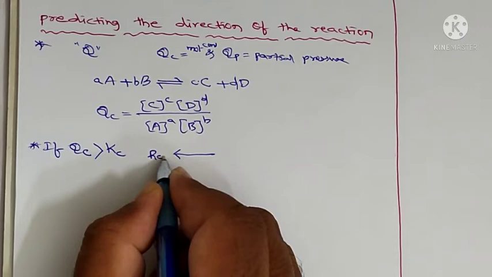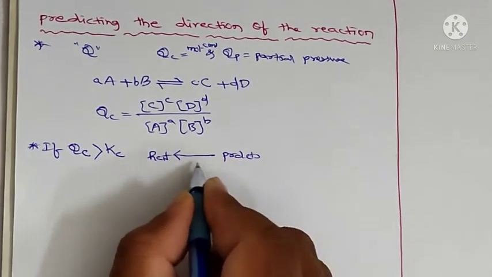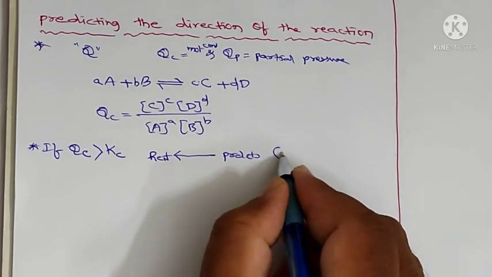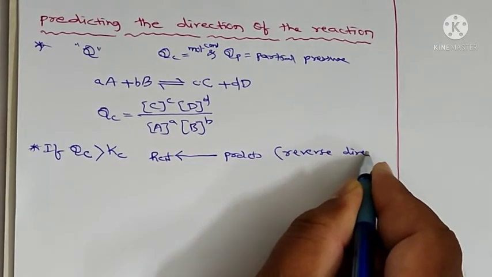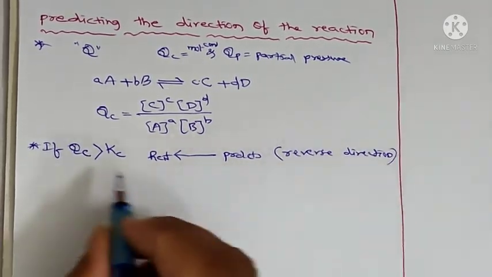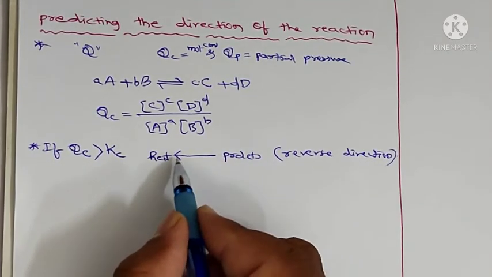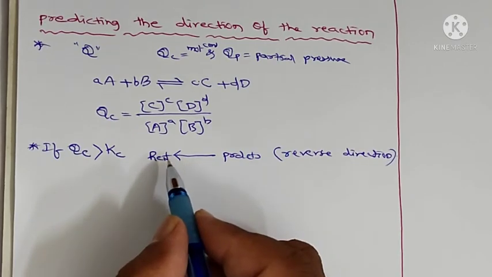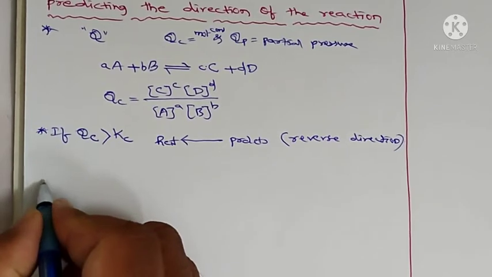So these are the reactants, and here products. Towards the reactants means reverse direction. If Qc is greater than Kc, the reaction direction is reverse, products to reactants, until it attains equilibrium.